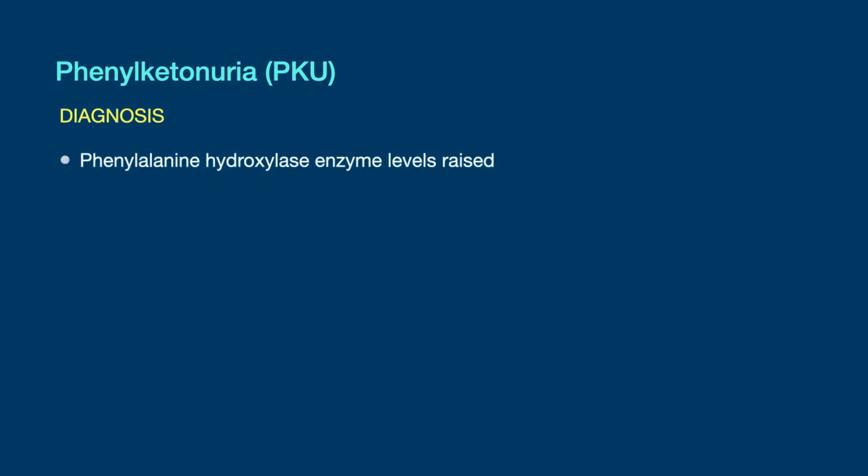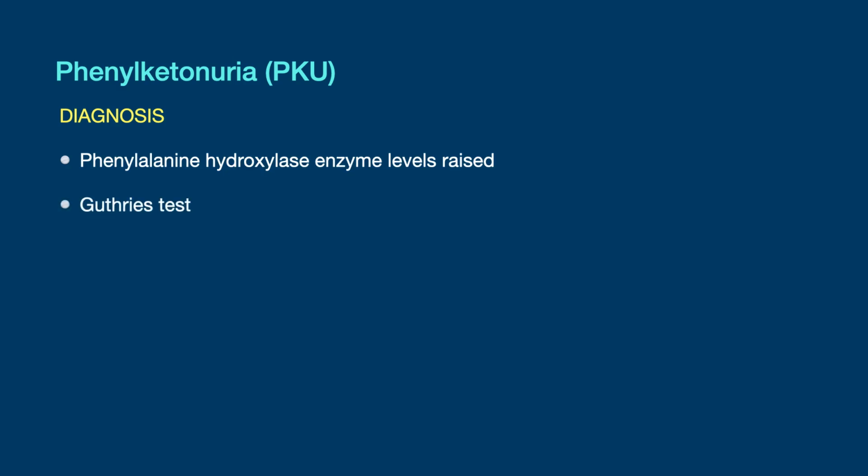Diagnosis of classic phenylketonuria requires raised phenylalanine levels, increased urinary phenylalanine metabolites, and normal cofactor concentration.